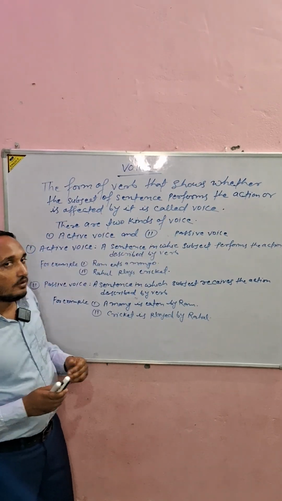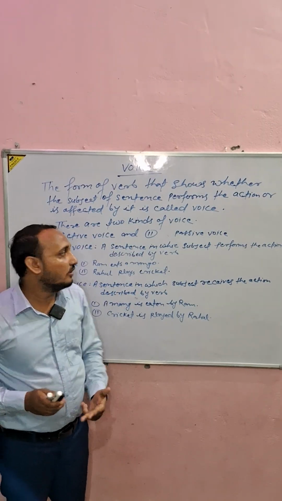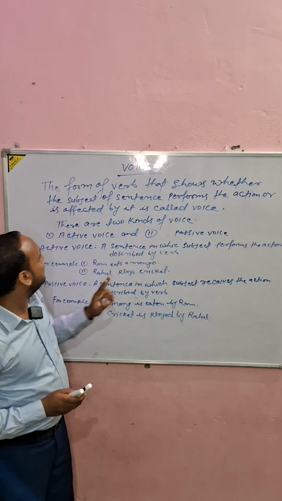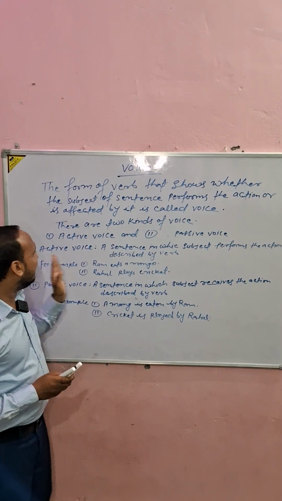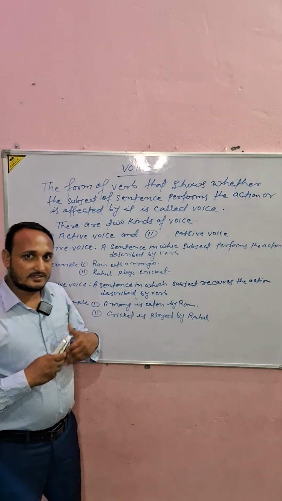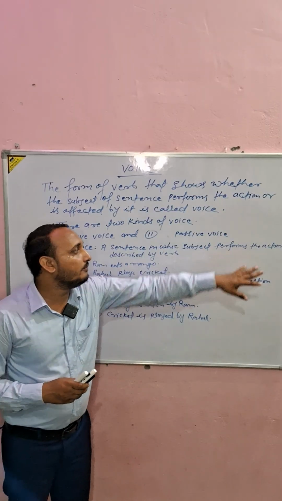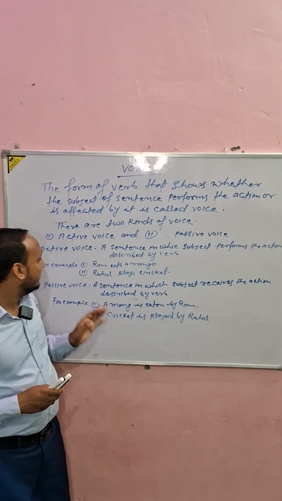How many kinds of voice are there? There are two kinds of voice: first, active voice, and second, passive voice. In active voice, a sentence in which the subject performs the action described by the verb.